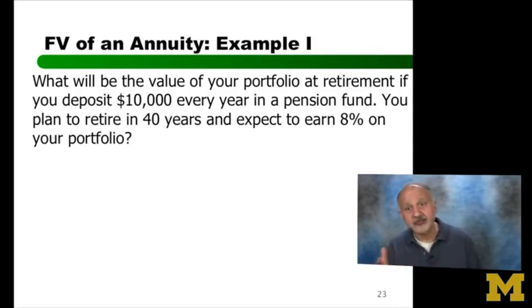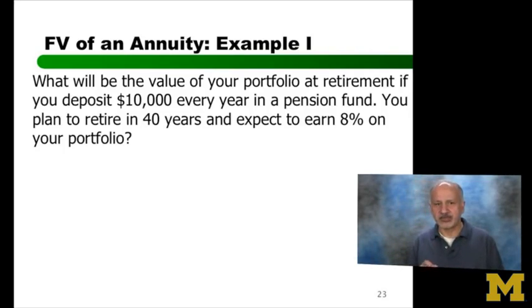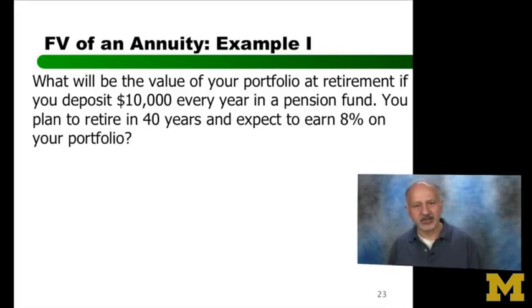Okay? I'll try to emphasize words which I take for granted, because if you're new to finance, which most of you probably are, you need to understand why certain language is used very commonly. At retirement, if you deposit $10,000 every year in a pension fund, now if you're really young, say you're 15 and taking this class, which I hope some of you are, don't worry too much about retirement.